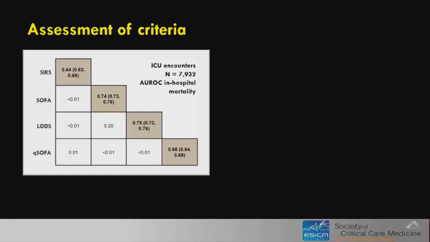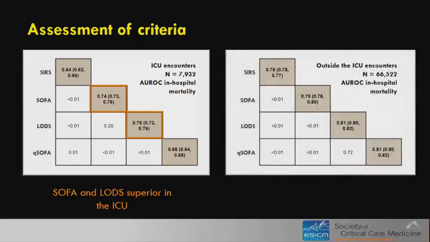As you can see there, in the ICU environment, organ dysfunction, as marked by the SOFA score and the logistic organ dysfunction score, are clearly much better than the Q-SOFA and the SIRS criteria in identifying people that are sick. But of course, this is in the ICU. But outside the ICU, this is a different kettle of fish, because in the ICU, you've already modified everything.